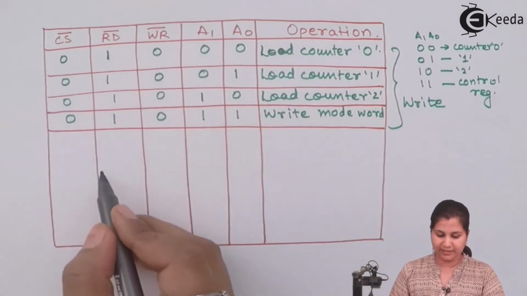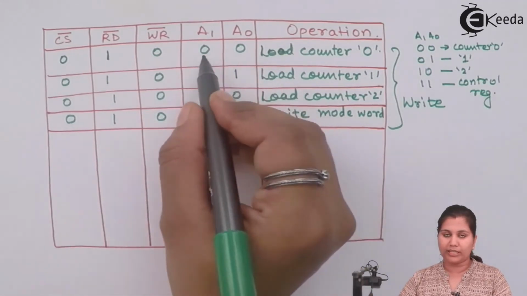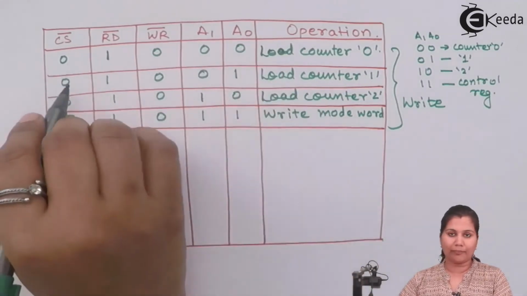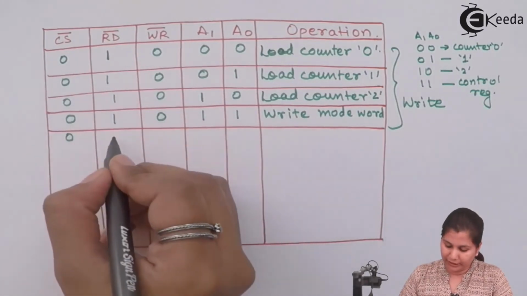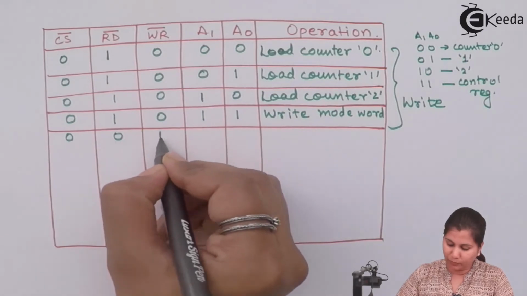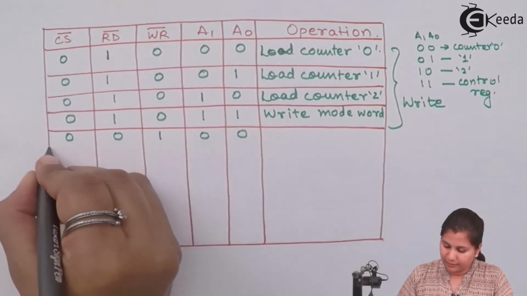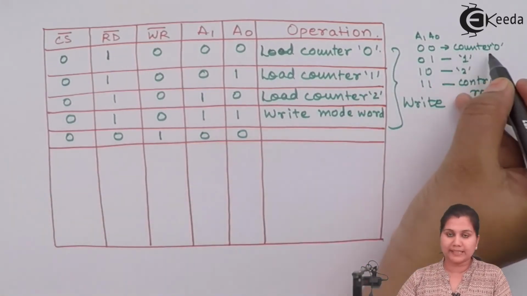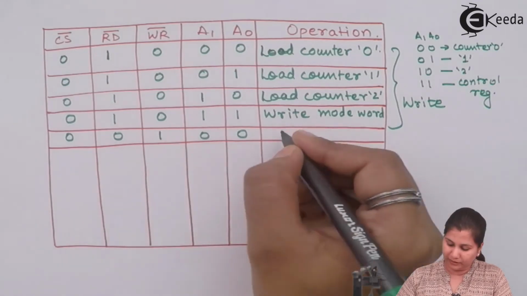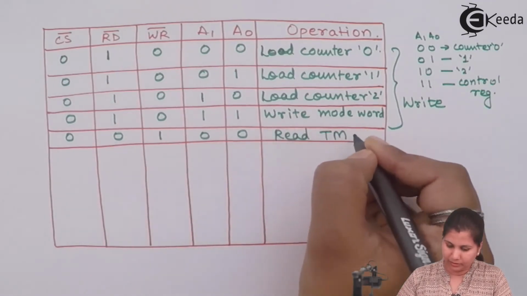Now if the read signal is activated, then the selection will be based on A1 and A0, and then a read operation will be performed. So here read will be activated, write will be 1, then 0 0. Counter 0 is selected, so counter 0 will be read, that is, read timer 0.